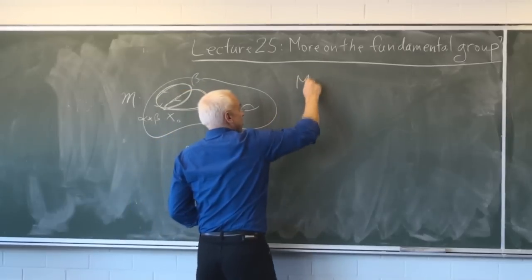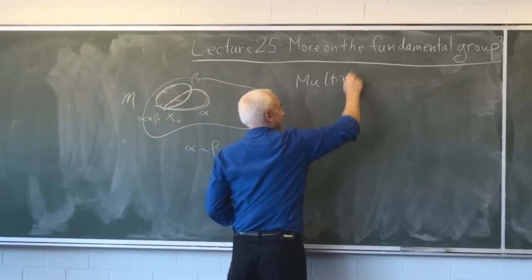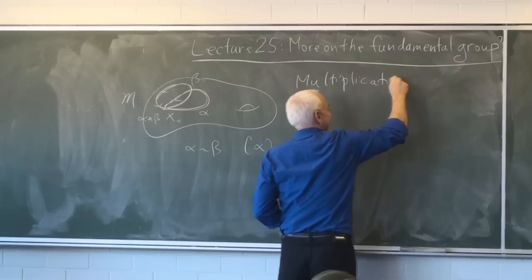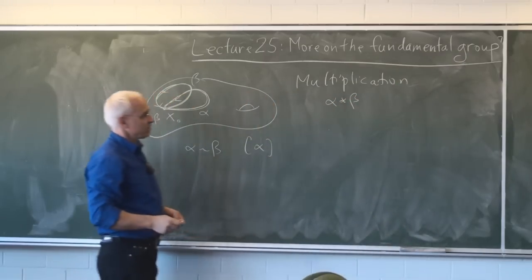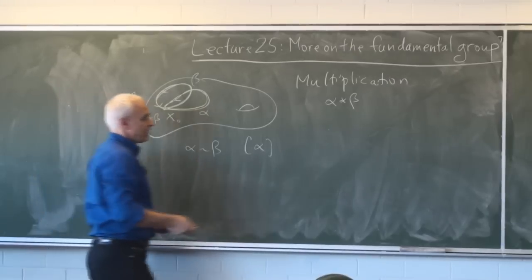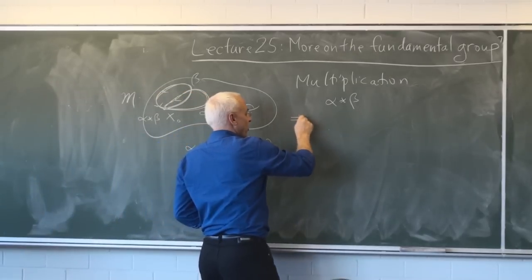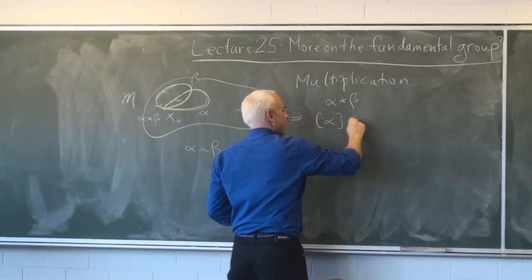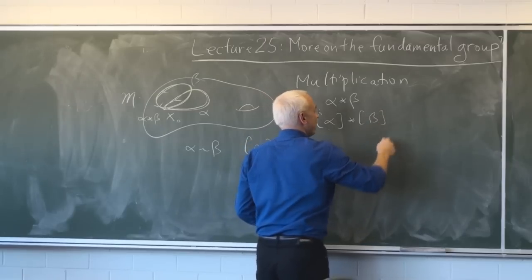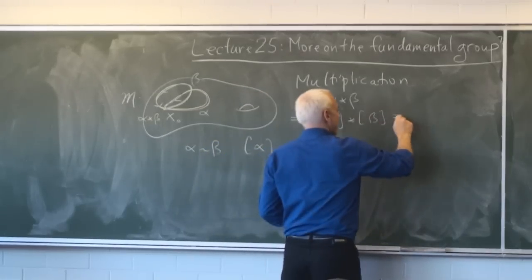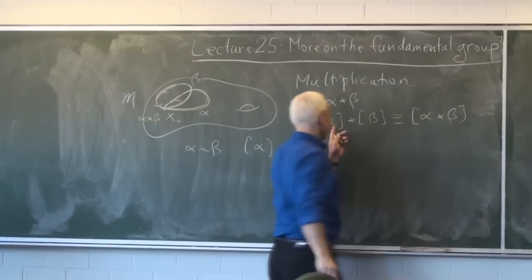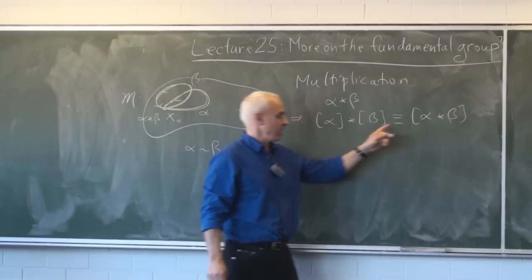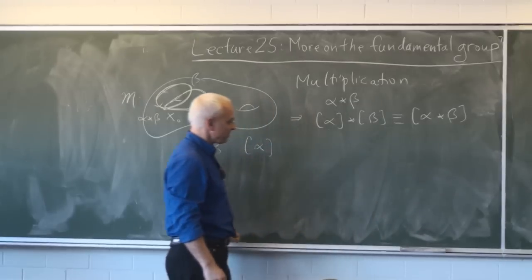And so we have a multiplication, alpha times beta. And we saw that that multiplication of loops gives a multiplication of equivalence classes by the rule: the class of alpha times the class of beta is the class of alpha times beta.